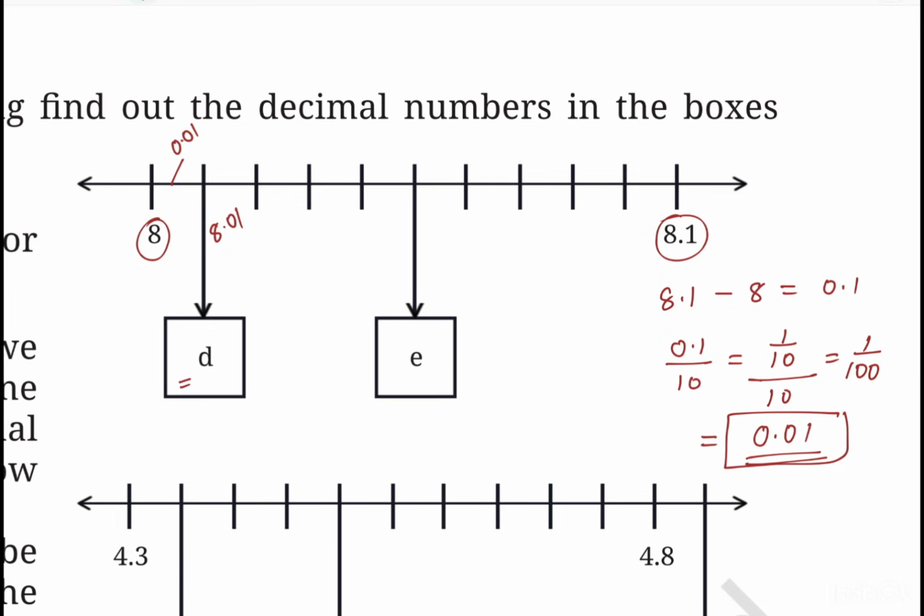So D is equal to 8.01. The next ones are 8.02, 8.03, 8.04, and then E is equal to 8.05, then 8.06, 8.07, 8.08, 8.09, and the last number is 8.1.